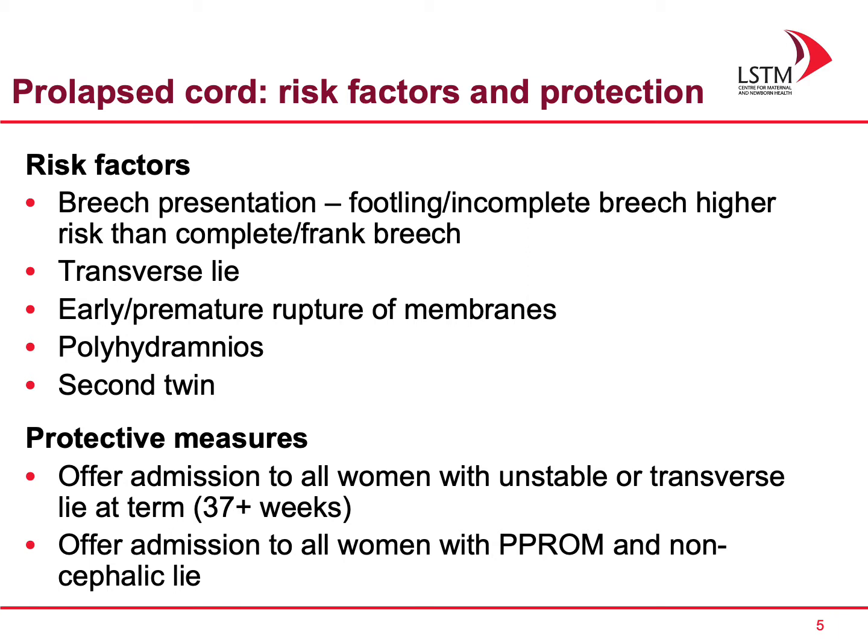It is worth knowing the main reasons which lead to cord prolapse. A cord prolapse happens when the presenting part does not adequately fill the pelvis due to maternal or fetal characteristics.